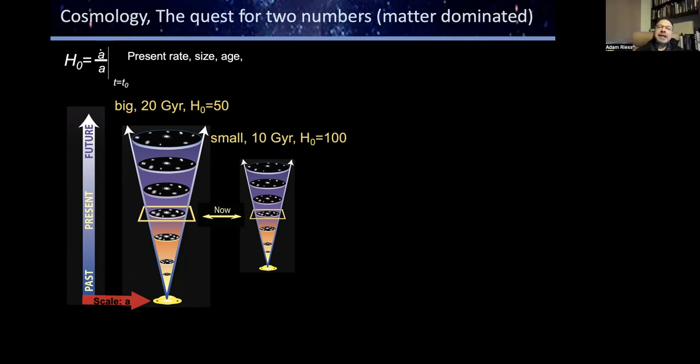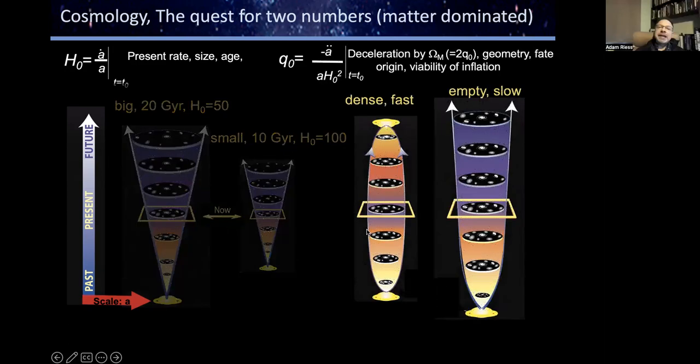This was once debated to about a factor of 2, whether it was 50 or 100. And the second derivative, again, in a matter-dominated universe, these are the only two numbers you need to know. This second derivative is called the deceleration parameter. It is determined by the amount of matter in the universe, the mass density of the universe, which tells us how much deceleration there will be.